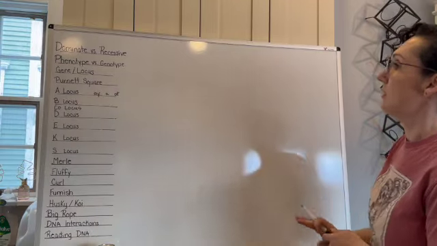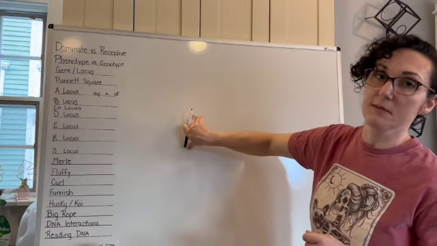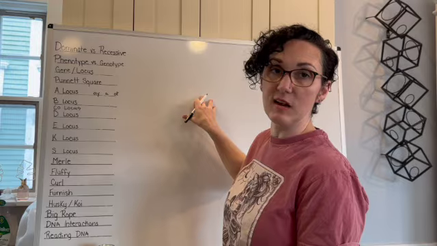So, I hope you're getting a good idea of how to figure out what a dog is at this point. I'm going to make up one so we can use some things that I don't have.